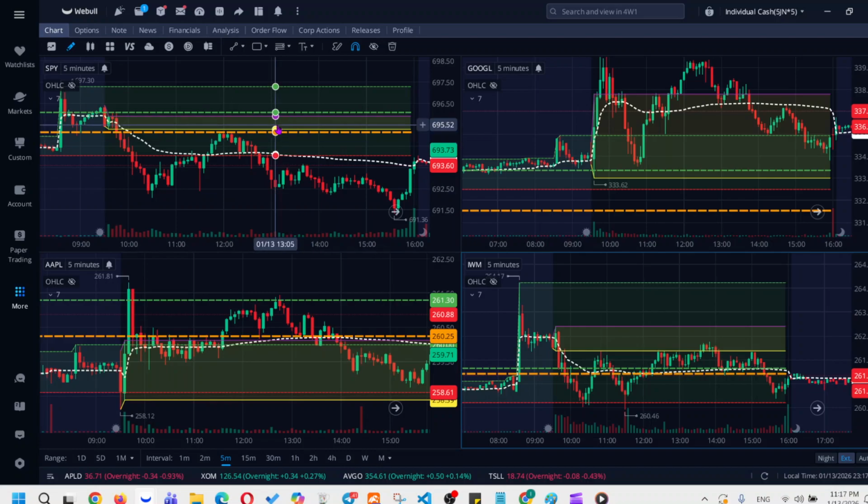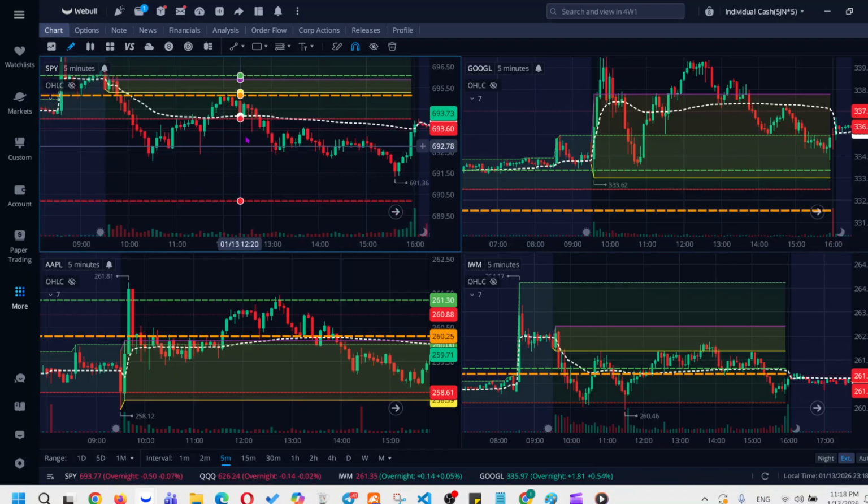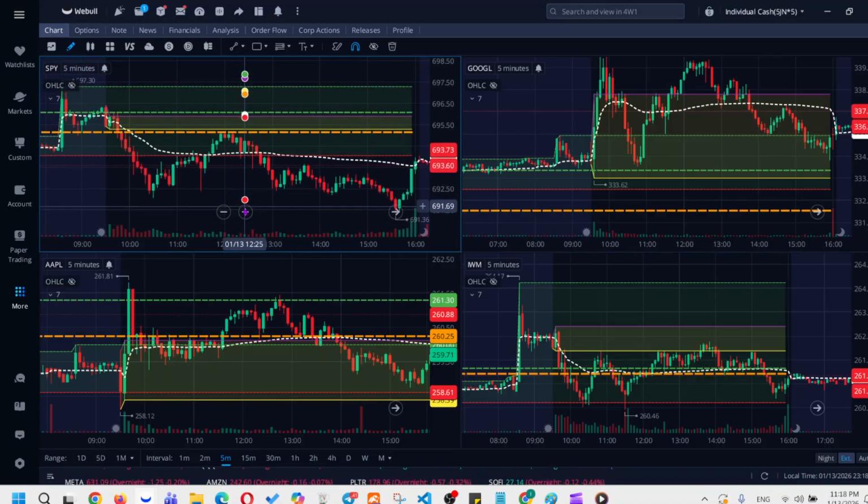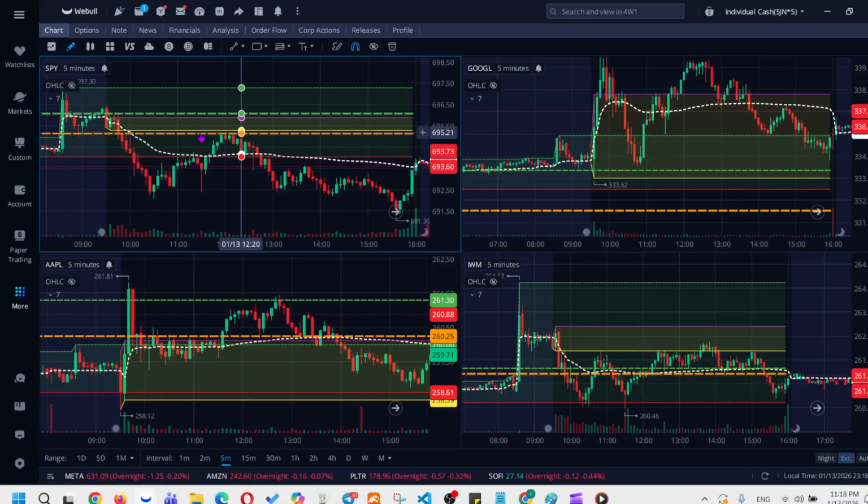So, to explain what I have on my chart, I am on the Webull trading platform, and I have my custom indicator, which shows the previous day high and low, a green line here and a red line down here, and it automatically shows the previous day close.